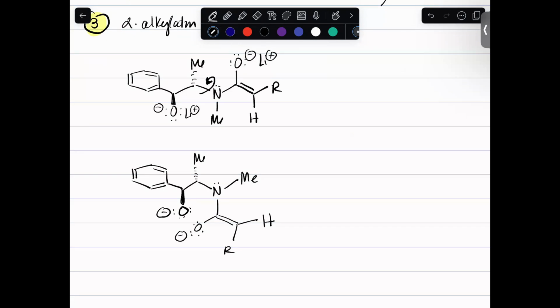Okay. And so what they think is happening is that this excess lithium chloride and the LDA are actually forming what's known as a chelate. And they're doing that where one of the lithiums is bonded to the oxygen, both oxygens, and the other lithium is also bonded to the oxygen. And it's forming a 4-membered ring chelate.